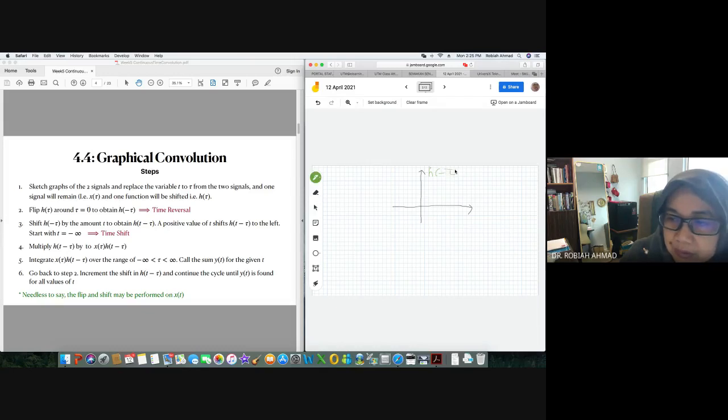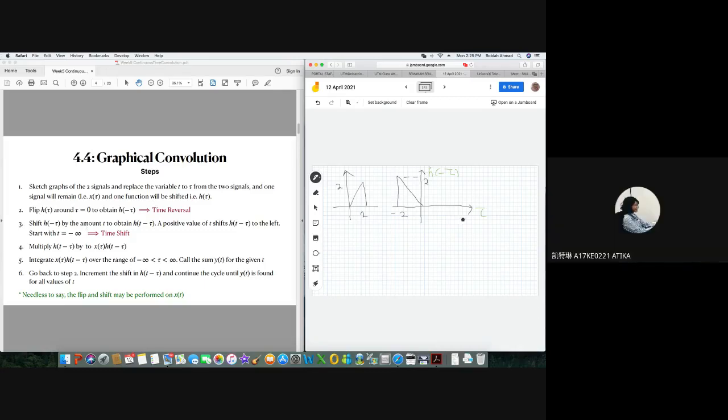And then tau, here tau. Two and two. If I reverse, it will be like this. Is number 2 correct? Correct.